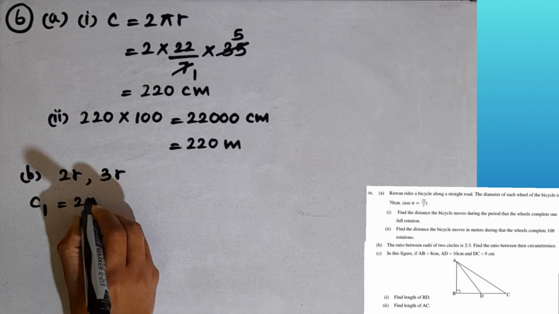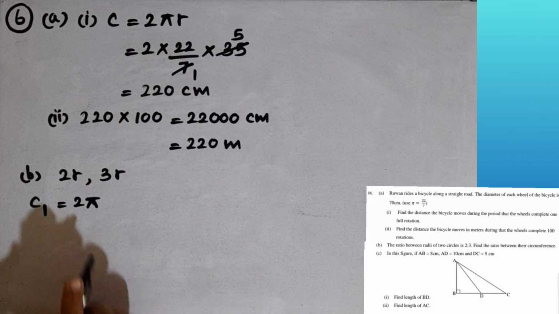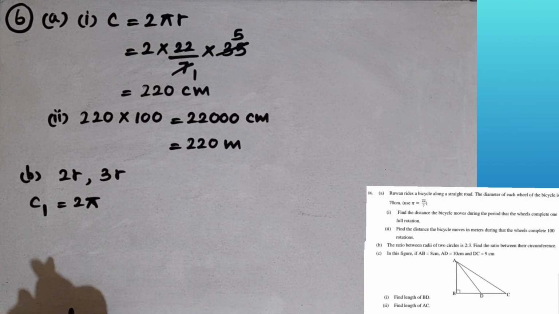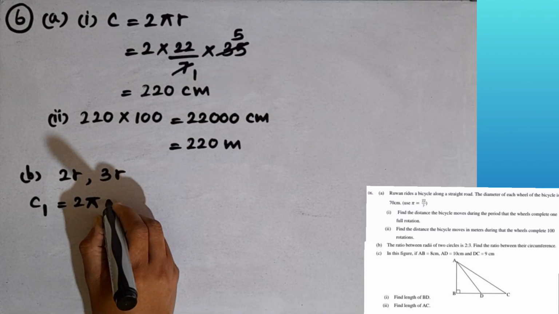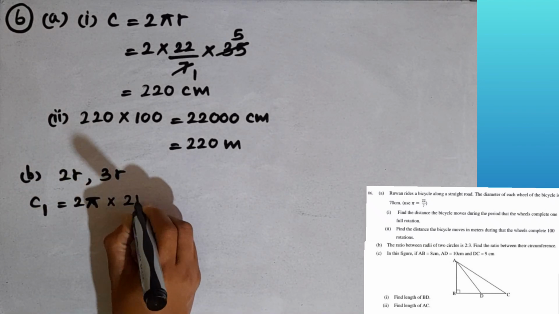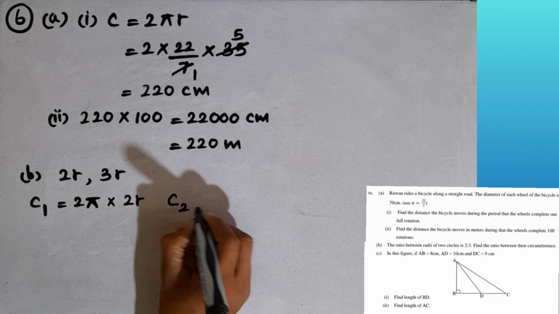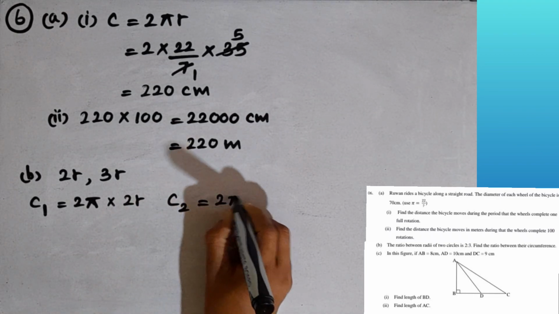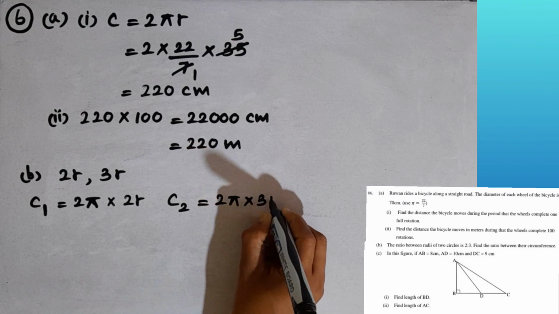2 pi times 2r. No need to substitute for pi here, as in both formulas we have pi. Then C2 for the second circle, 2 pi multiplying by 3r.